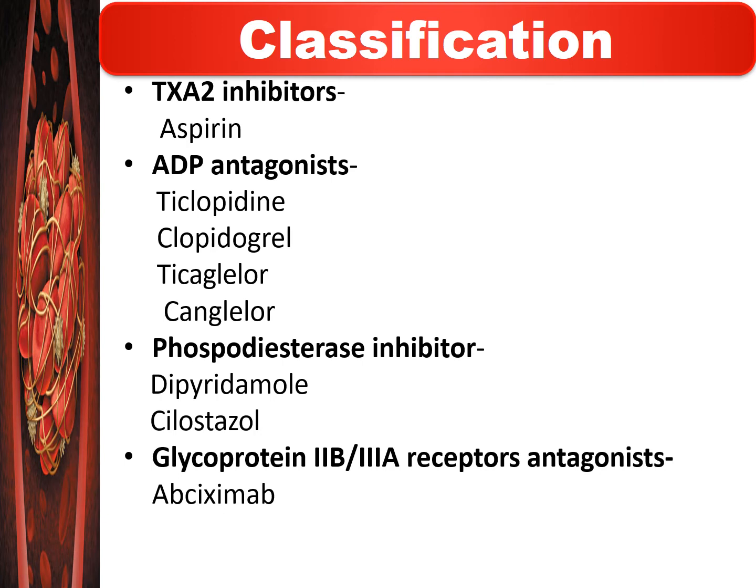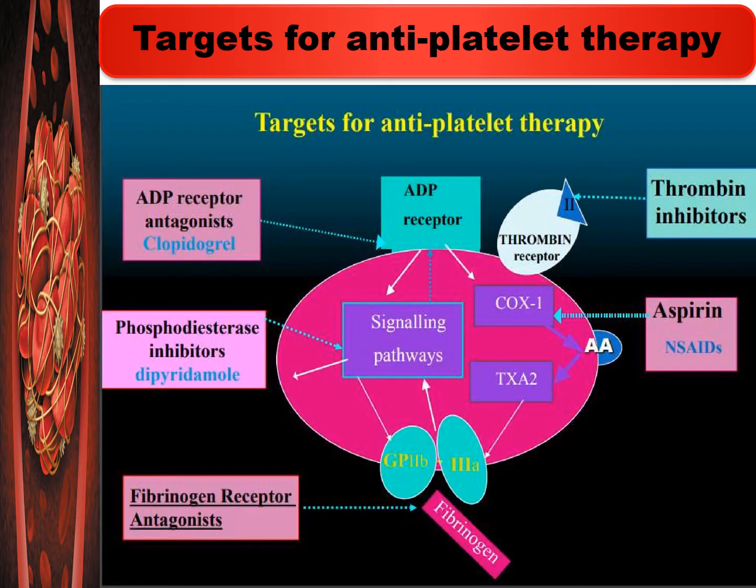And the fourth class is the glycoprotein 2B 3A receptor antagonists, abciximab, eptifibatide and tirofiban.